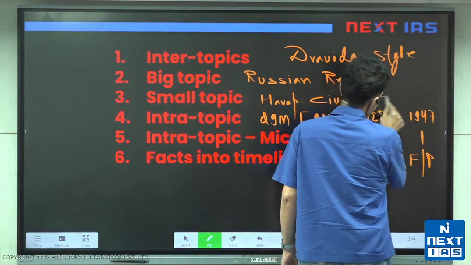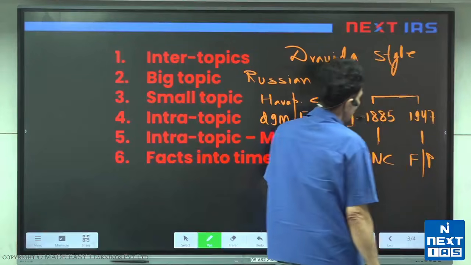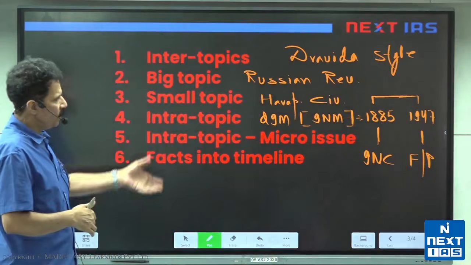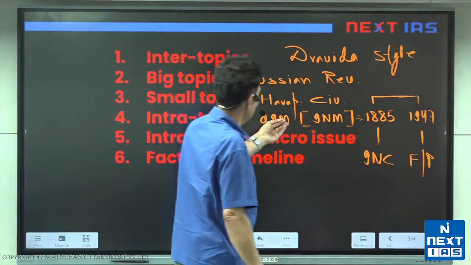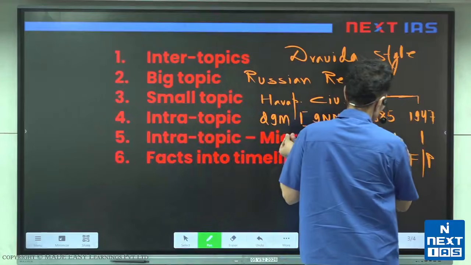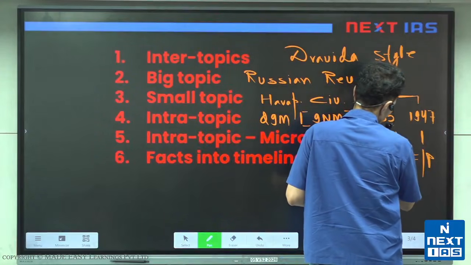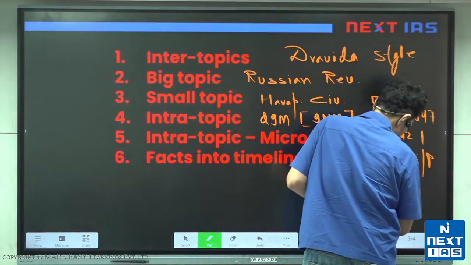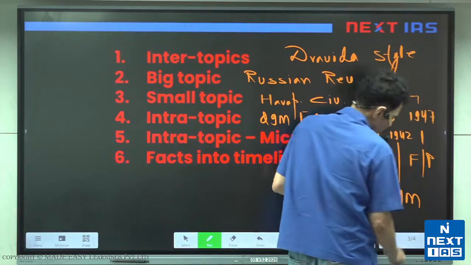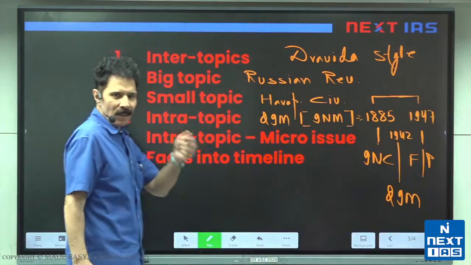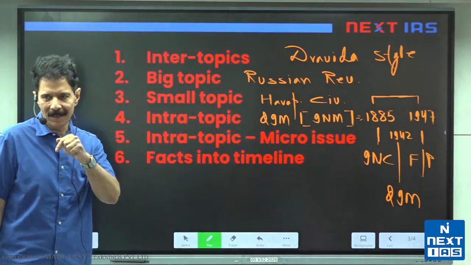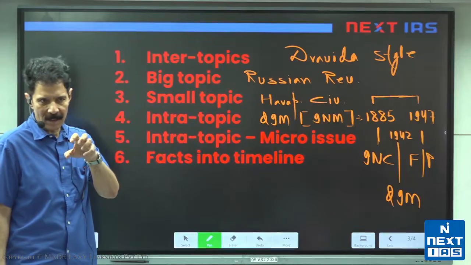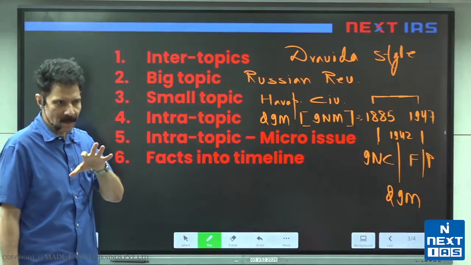So this entire can be covered through the timeline. Now within this entire, one movement is Quit India movement, 1942. Movement began, that is Quit India movement. So Quit India movement is one good example of intra-topic. Is it very clear? Okay.